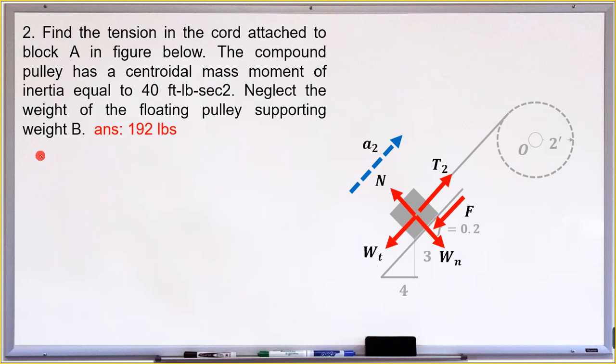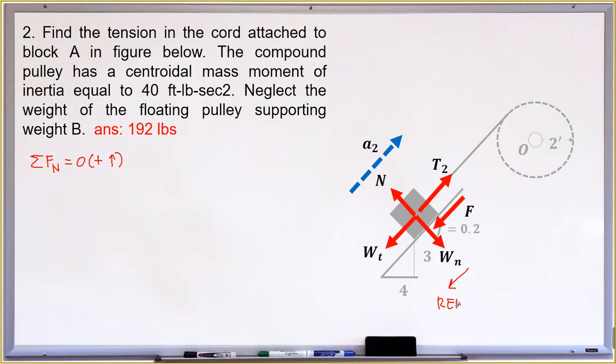So we take the summation of forces, first, normal to the inclined plane, that is equal to 0. Positive is upward. And then since there is a direction of A2, it is upward, therefore the reverse effective force is downward.